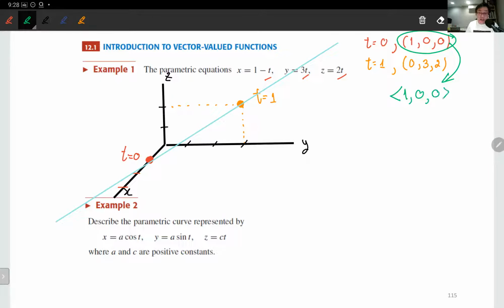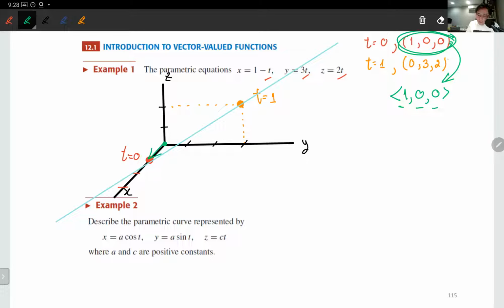What does this mean? If I start everything from the origin of the coordinates, the point 1, 0, 0 means the vector starting from the origin 0, 0, 0 and pointing to 1, 0, 0. So it's going to be a vector pointing in this direction right there.